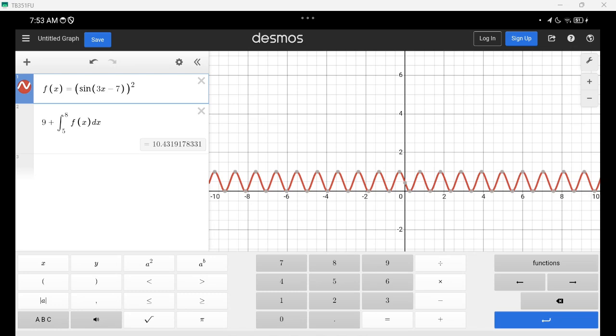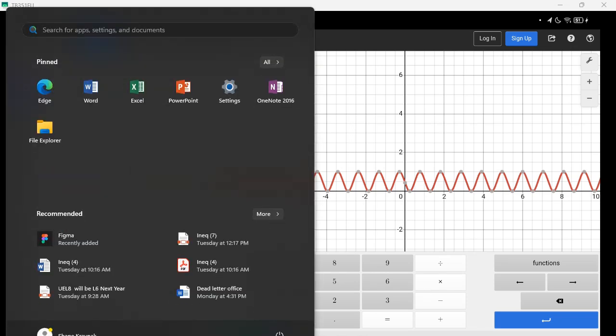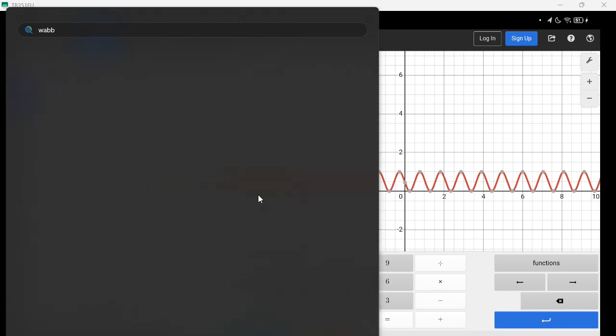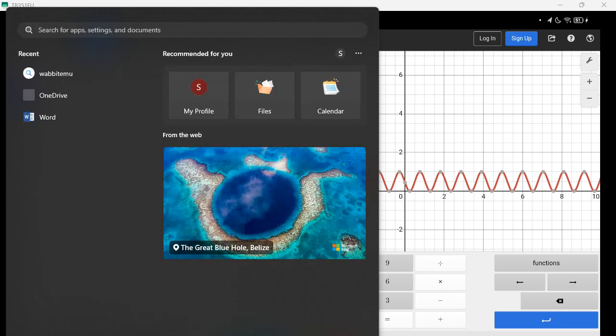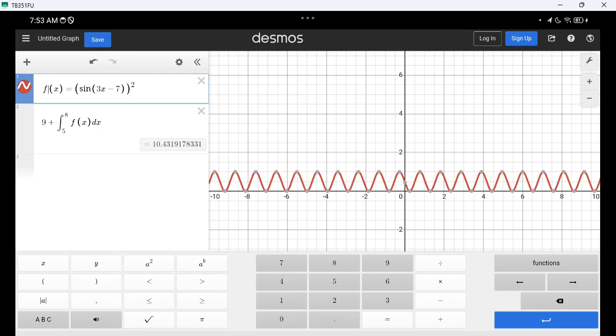As long as you keep the limits correct, it should be the f of 5 plus the integral from 5 to.